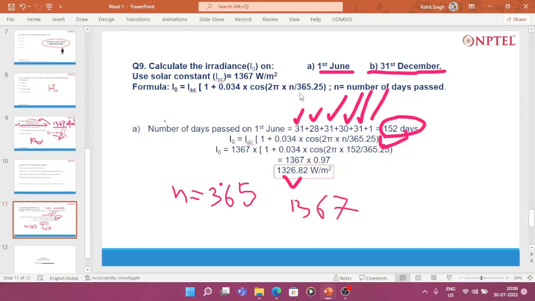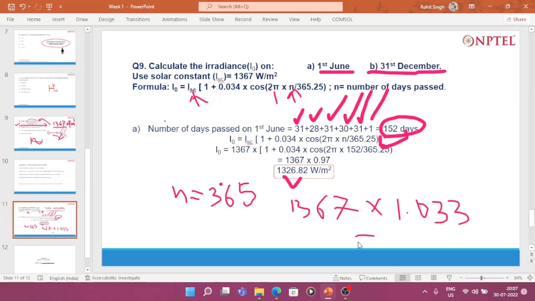Just put the data in: we get 1367 into 1.033.